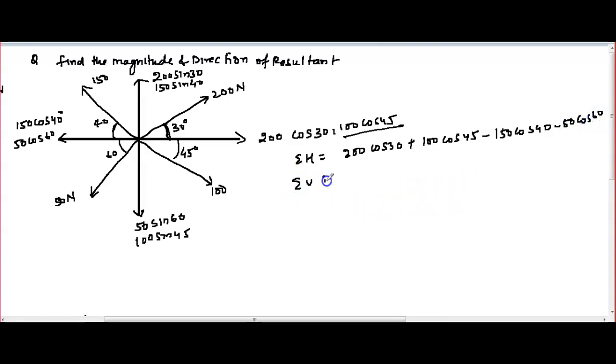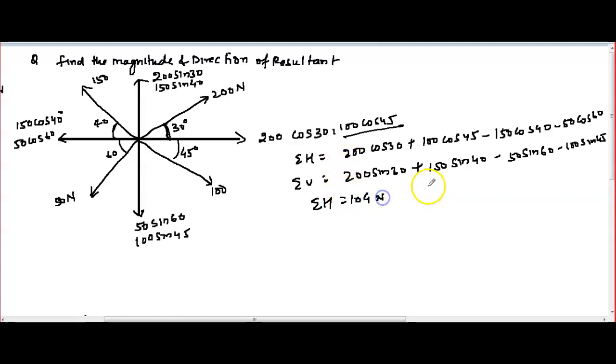Vertical, tell me: 150 sin 40 minus 50 sin 60 minus 100 sin 45. Any doubt till here? If you find it with the calculator, the sum of horizontal forces you will get as 104 newtons, and the vertical forces as 132.141.